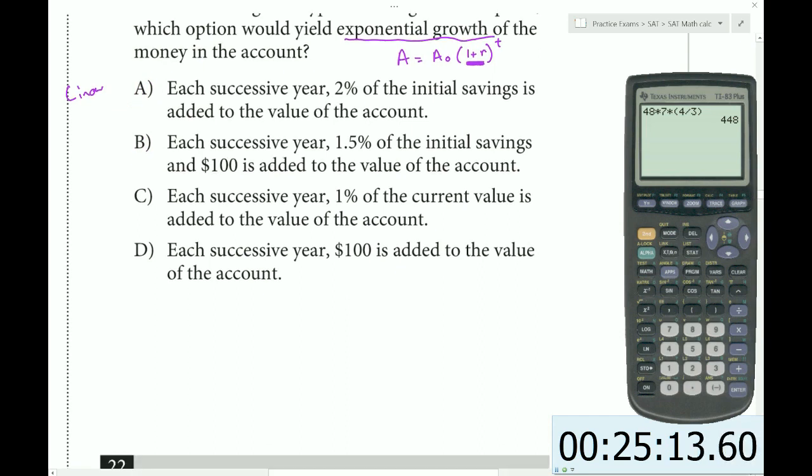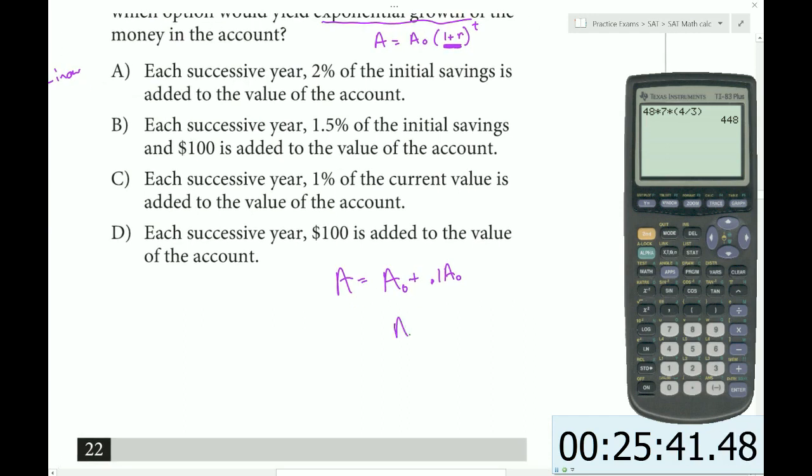So the formula for linear is if we were to add, for example, the same amount each time. So if we start with A0 and then we add 100, and this 100 could also be a percentage of the initial. So it could be like 0.1 times A0, right?